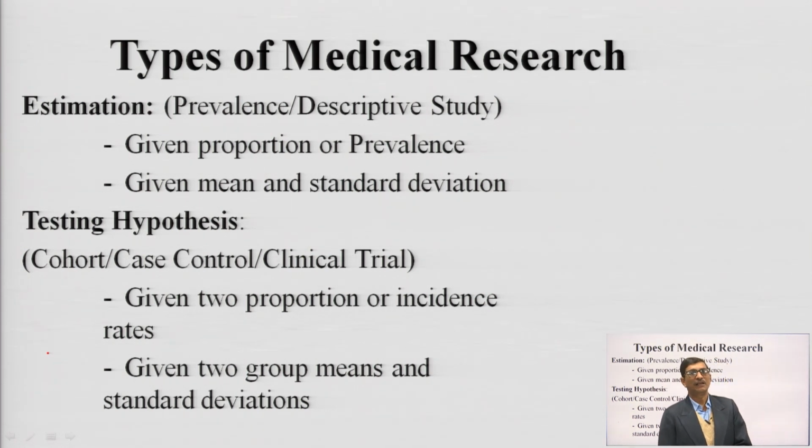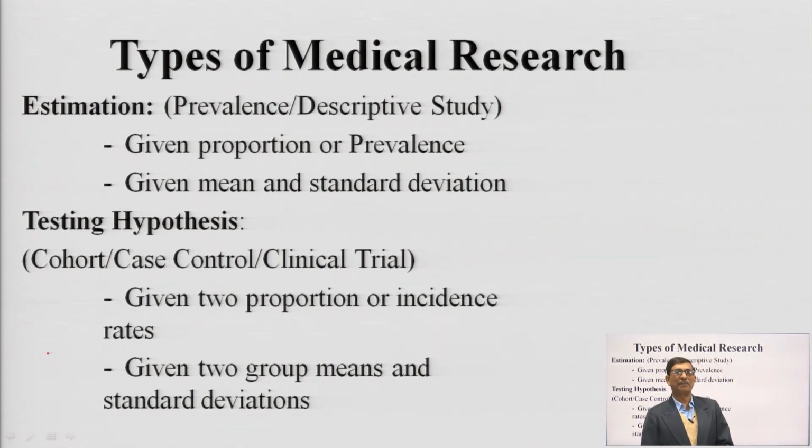In estimation, we find the prevalence of any disease, or we describe the population characteristics. To calculate the sample size in estimation, we have two things: either we have the proportion or prevalence of any disease, or we have the mean and standard deviation of the data.